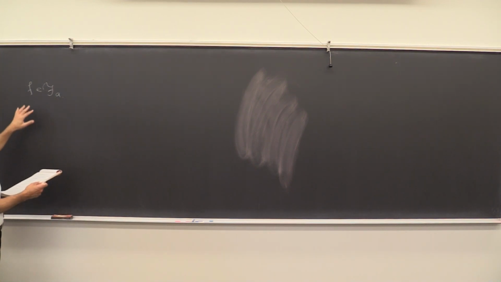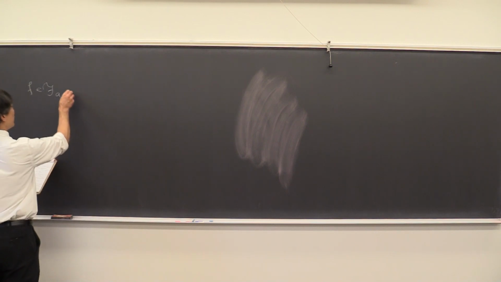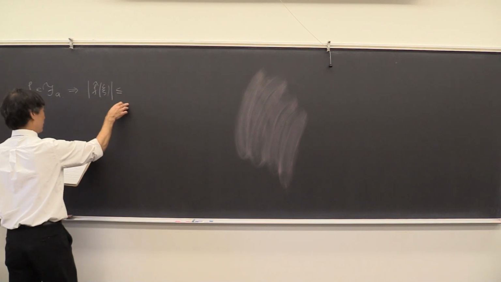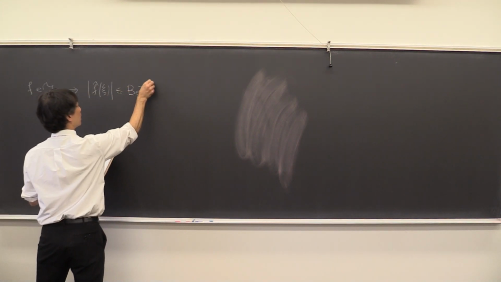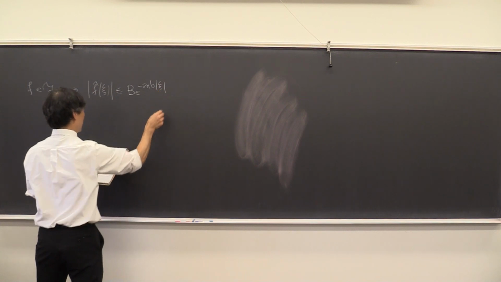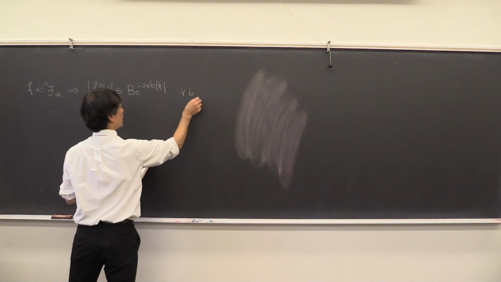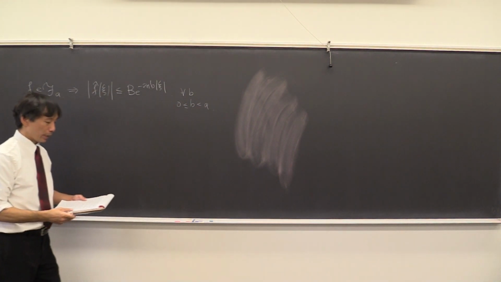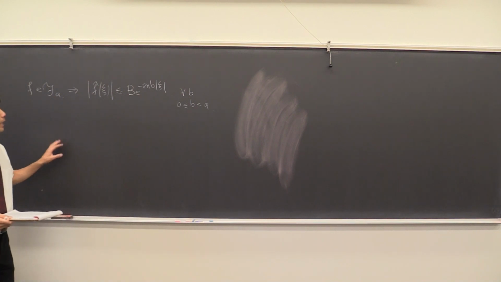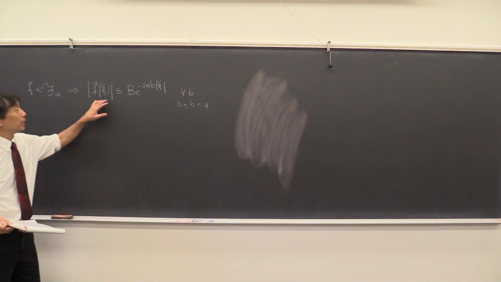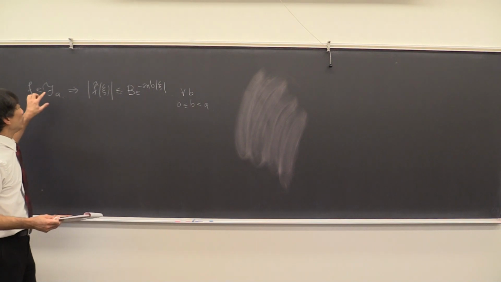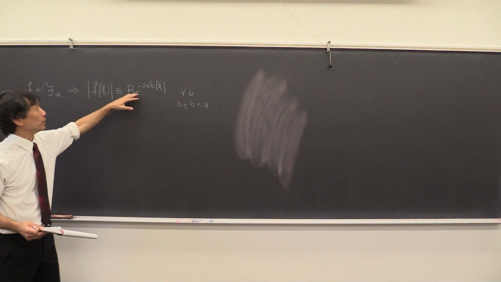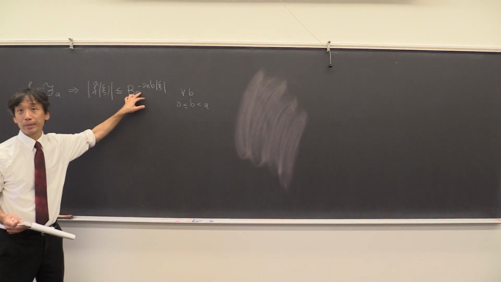If you're in F sub a, then that gives you that the Fourier transform has to satisfy a certain decay, that it must decay like this for all b between 0 and a. So the Fourier transform, being holomorphic, forces the Fourier transform to decay pretty quickly, right?